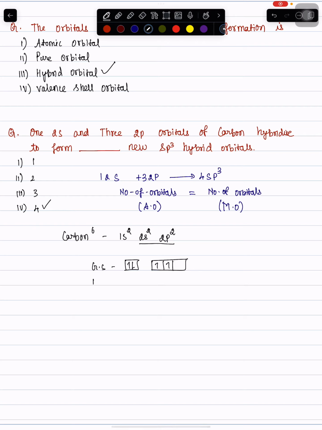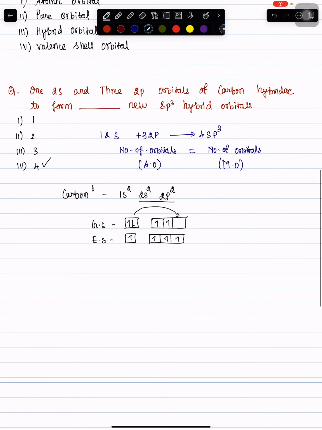In the excited state, an electron moves from the s orbital to the p orbital to make the valency 4, because the number of valence electrons is equal to the number of bonds. Now we have 4 unpaired electrons, which makes carbon's valency 4.